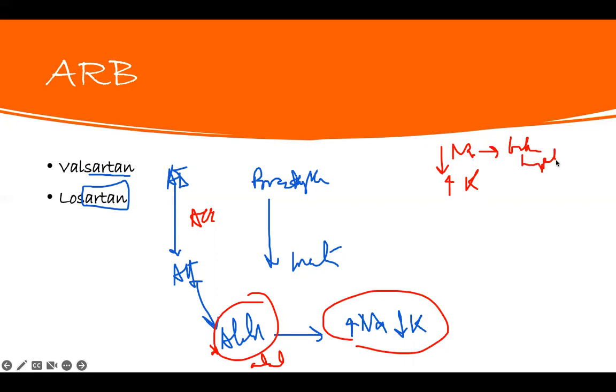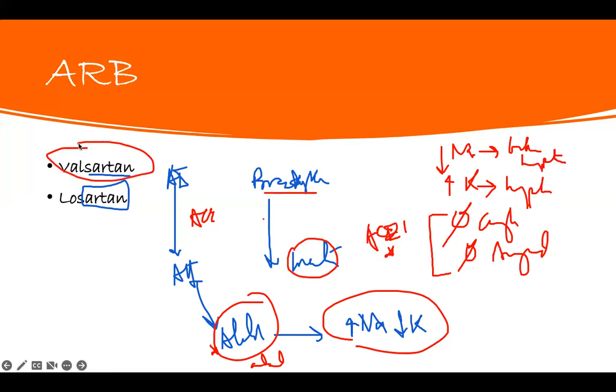That's how they can decrease the blood pressure and fluid in a heart failure patient, but they also cause hyperkalemia and cardiac arrhythmia. But they have no cough, no angioedema, because they don't block bradykinin going to inactive form. If I'm taking an ACE inhibitor and I'm coughing for heart failure, the cough is not dangerous. It's usually a nagging cough and they don't like it.